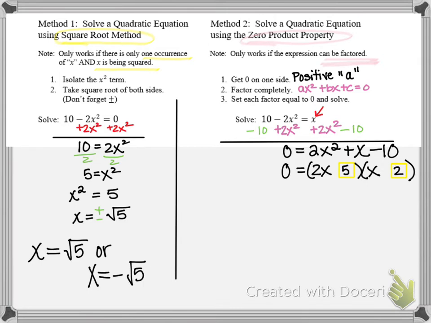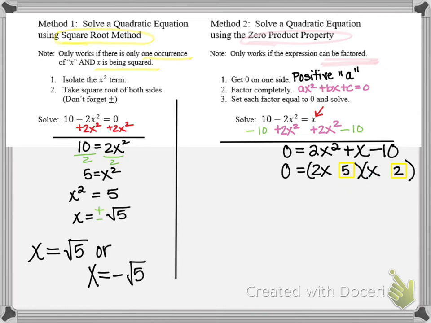And now I just have to decide if it's a plus 5 or a minus 5, and if it's going to be plus 2 or minus 2. I have to multiply to negative 10. So one term has to be positive and one term has to be negative. Now, when I think about multiplying those binomials, the terms on the outside will multiply to become 4x, and the terms on the inside will multiply to become 5x.